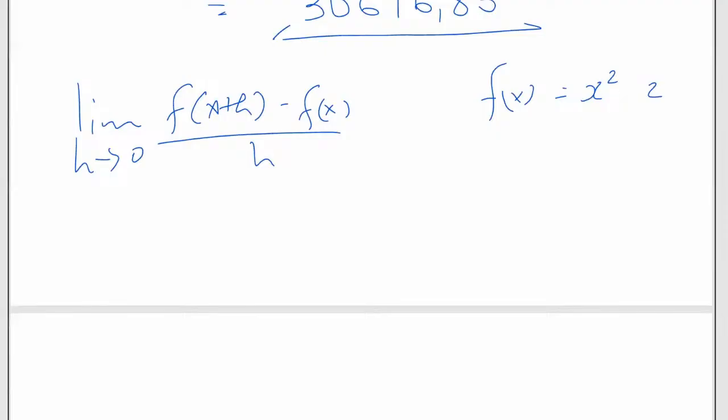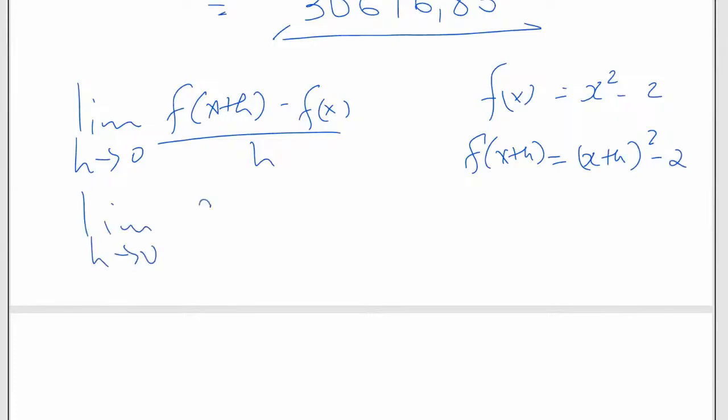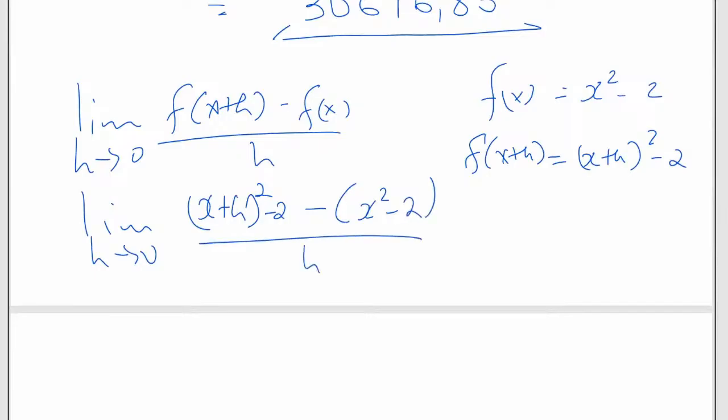This is a minus 2. So meaning that my f of x plus h is going to be x plus h squared minus 2. Let's do the substitution. And so the limit as h tends to 0, I'm going to have x plus h squared minus 2 minus the entire f of x, which is x squared minus 2, over h.